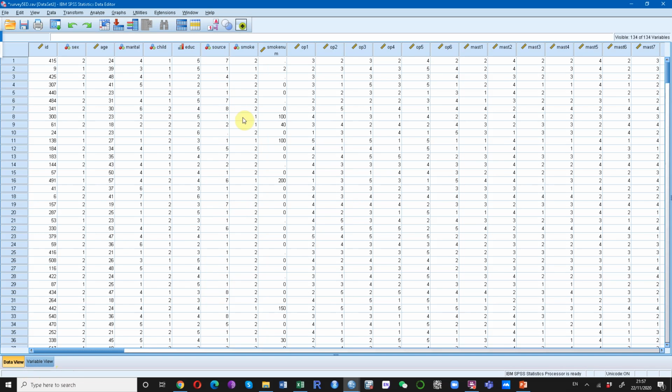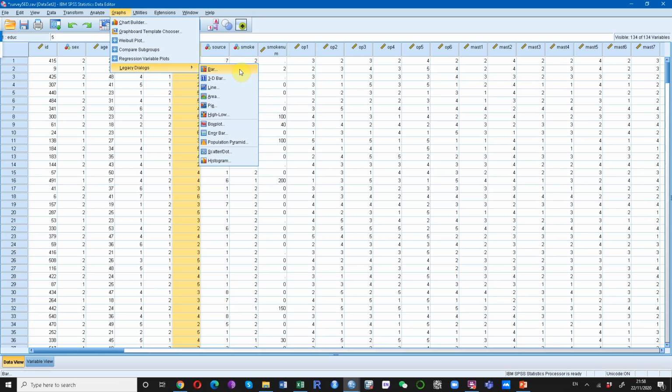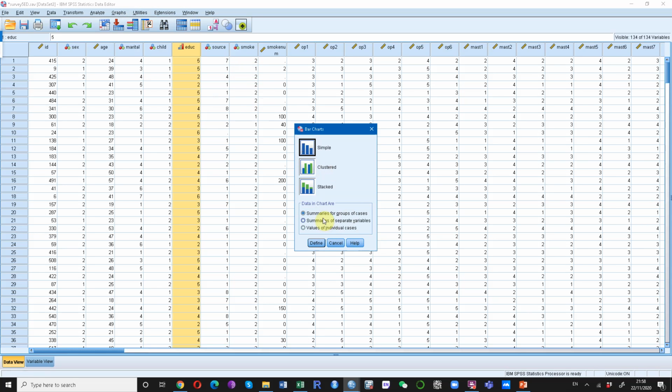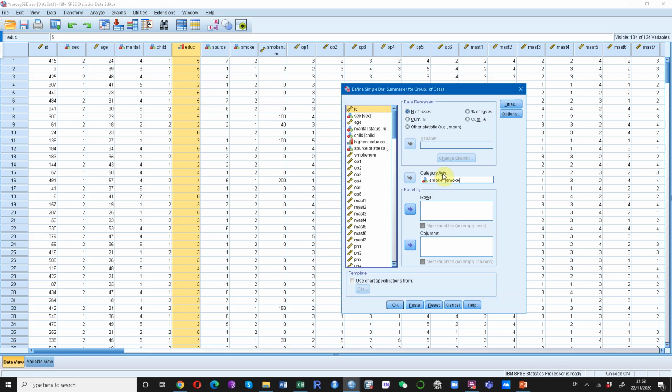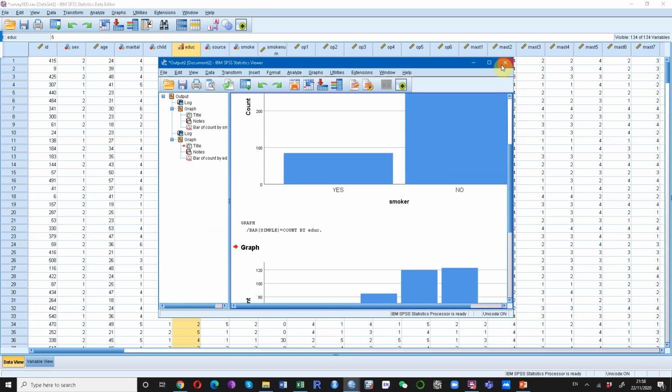So now we just draw a bar chart for the categories within the education variable. So a simple bar chart summarizes the groups of cases, define, and we move smoke out, and we just move the highest education completed into the box and click OK.